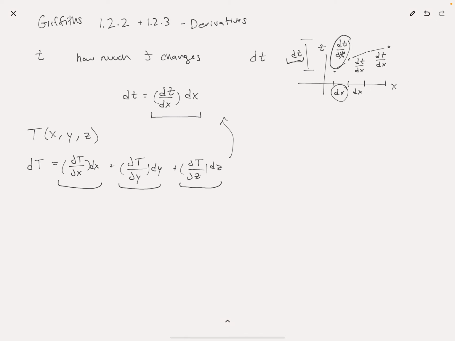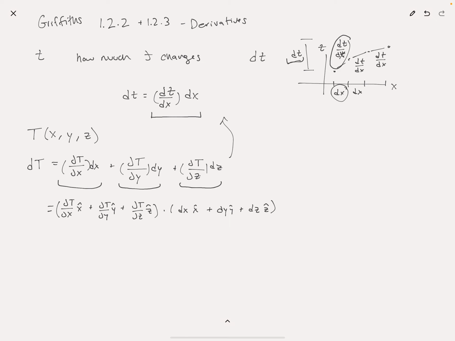If I were to rearrange this equation, I could say that these partial derivatives, ∂t/∂x in the x hat, plus ∂t/∂y in the y hat, plus ∂t/∂z in the z hat, can be one vector of my dot product, and another vector would be dx in the x hat, dy in the y hat, plus dz in the z hat.